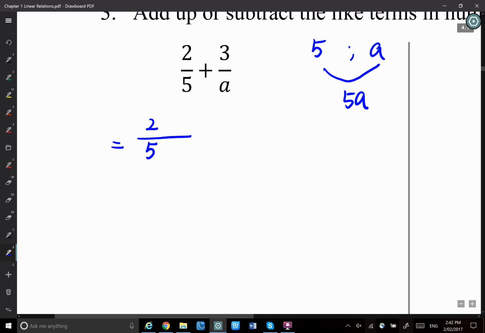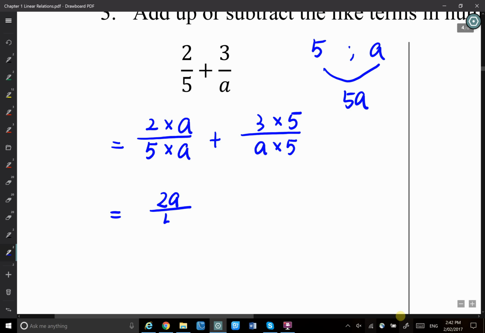I want 5a, so I need to times a here and times a on the top as well. Okay, 3 over a. I want 5a, so I need to times 5 on both top and bottom. So I will have 2a over 5a plus 15 over 5a.